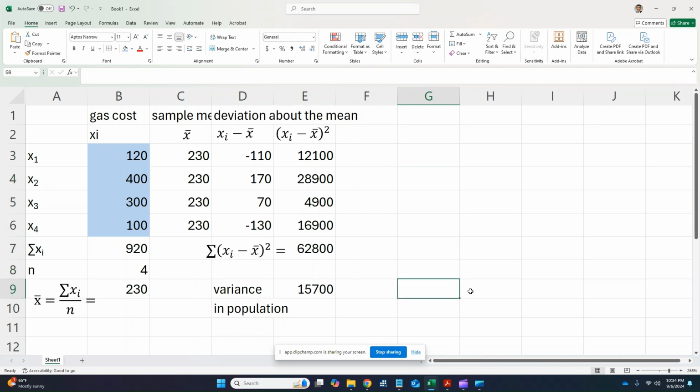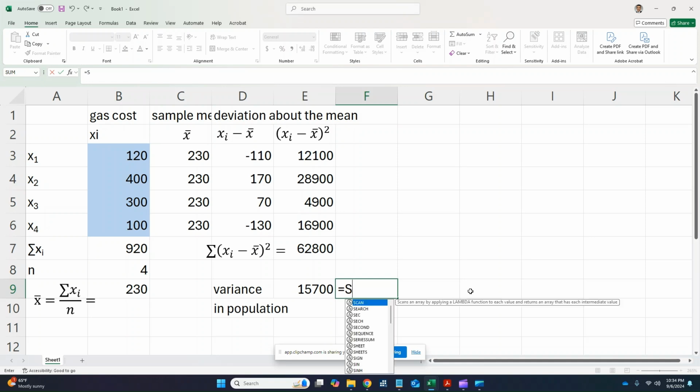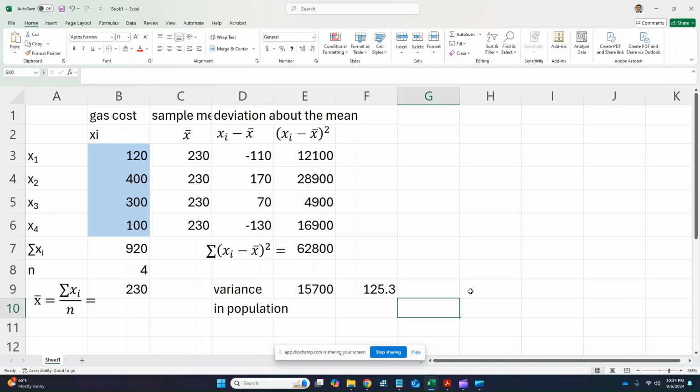And if we take the square root of this number, SQRT, then we are going to get the standard deviation, and that is in dollars. Why? Because our original unit, the gas cost, was in dollars.